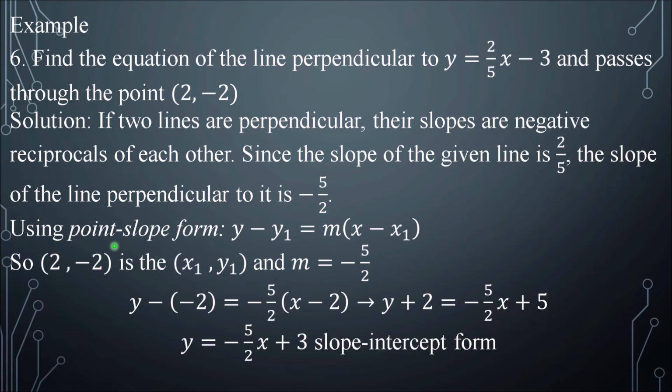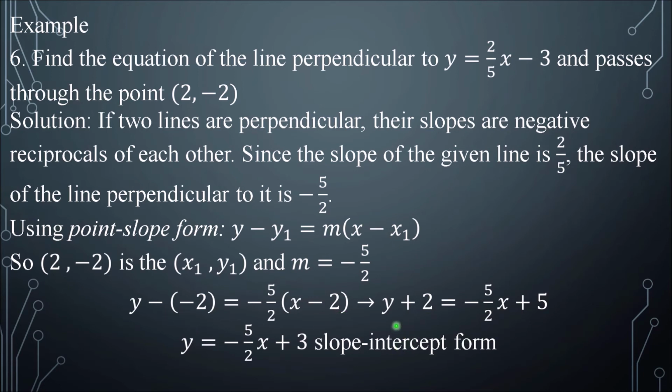So now we will use the point slope form. X sub 1 is 2, y sub 1 is negative 2. And then the slope is negative 5/2. Plug in the values, y minus negative 2, that's y sub 1. And then negative 5/2, that's the slope. X minus 2, that is x sub 1.